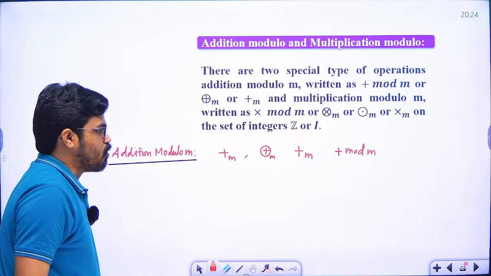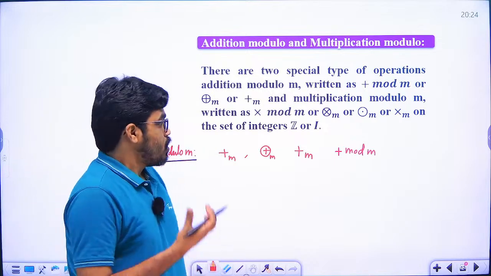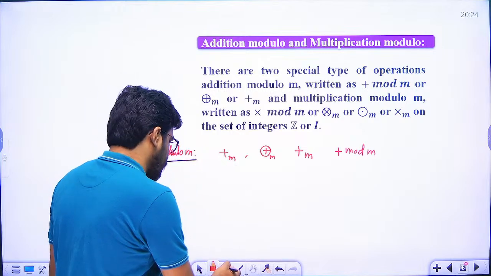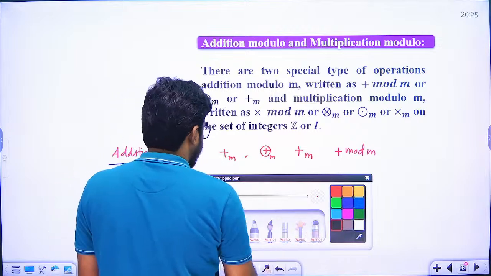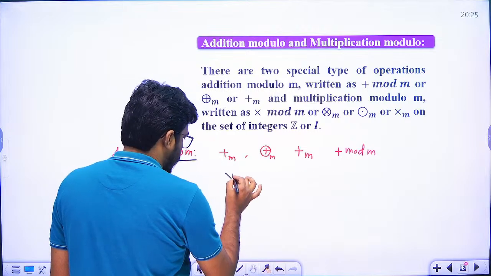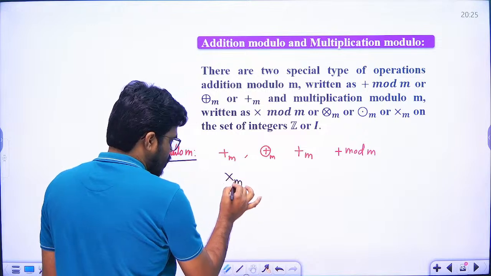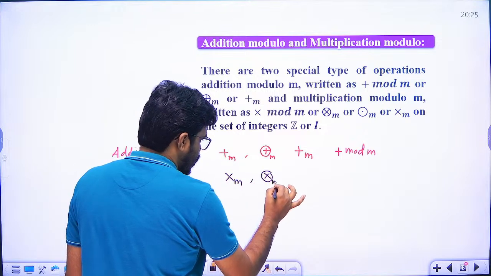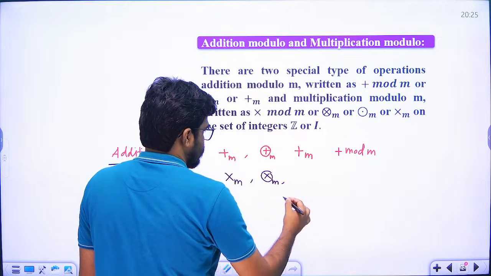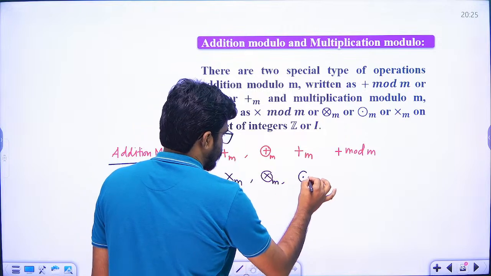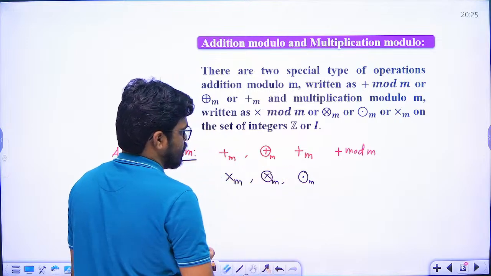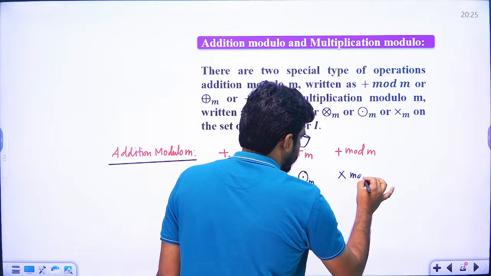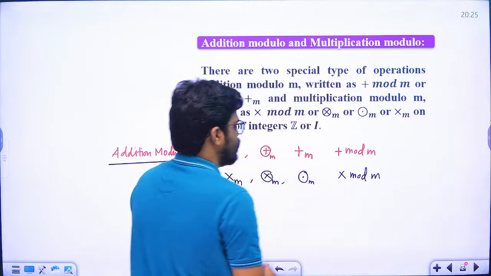Now, what is the notation for multiplication modulo m? This is denoted by cross m, or you can write this form also, or dot circle suffix m, or you can write cross modulo. ঠিক আছে?